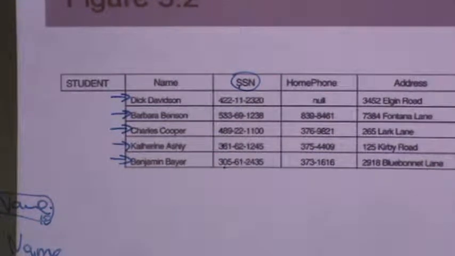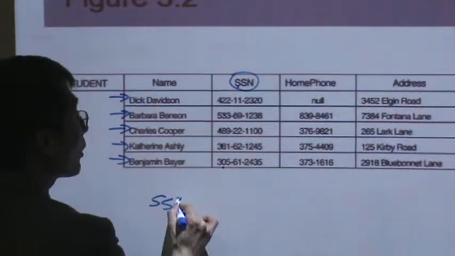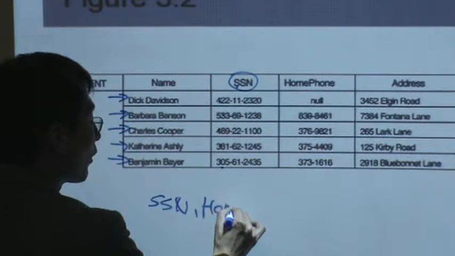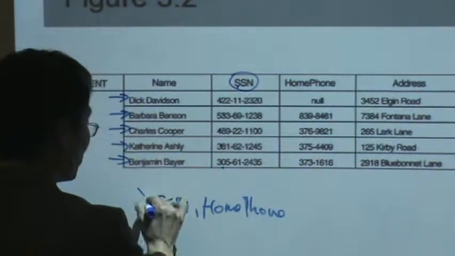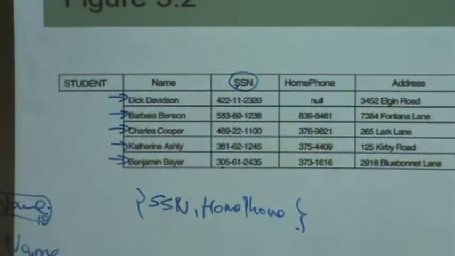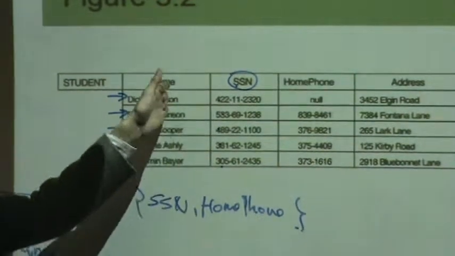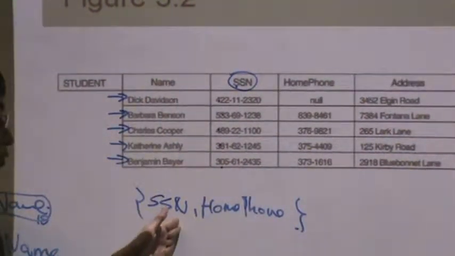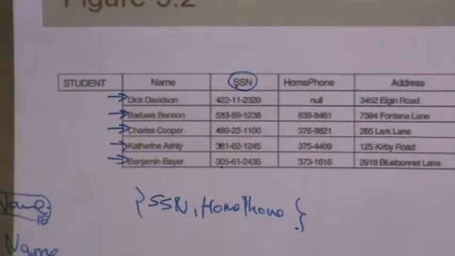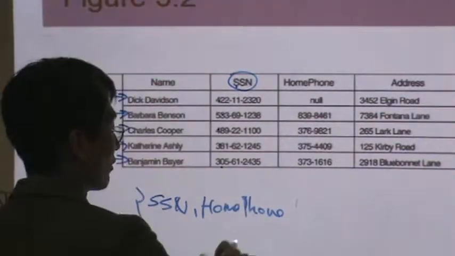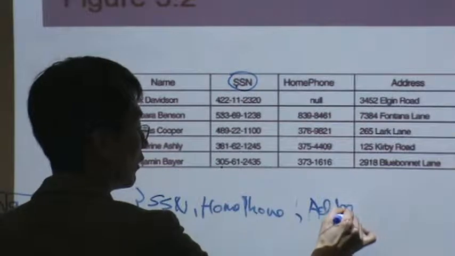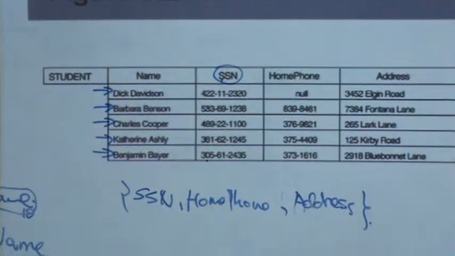Let's start from this one. What about the social security number plus phone number? Can you identify each student using social security number, comma, phone number? Yes, because you can use the social security number, then add the home phone number, it doesn't matter. What about address here? Yes, definitely.